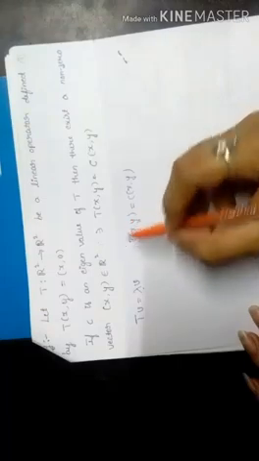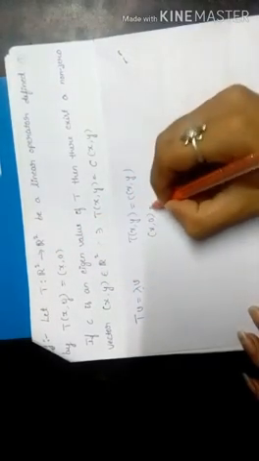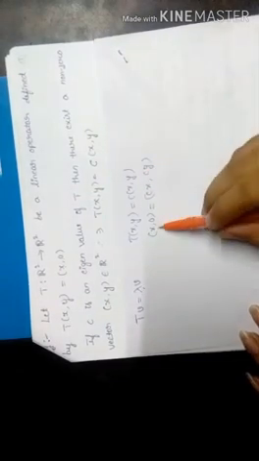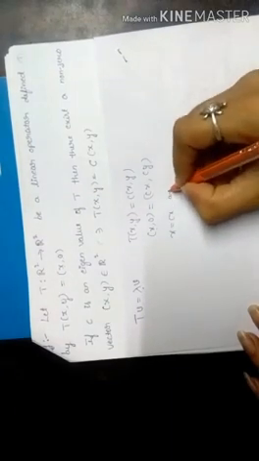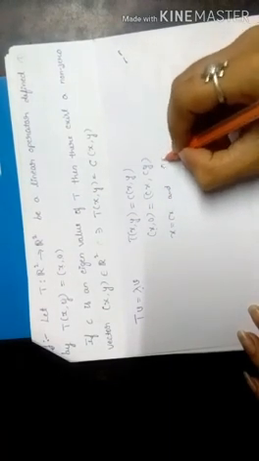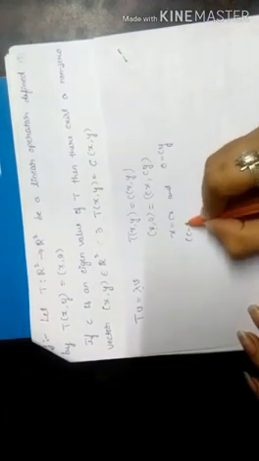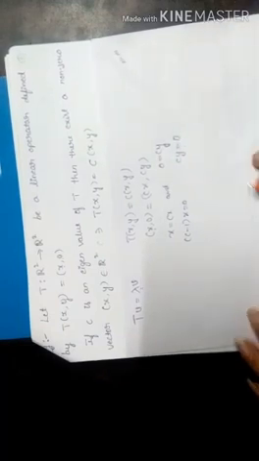Now this is defined as x comma 0. Therefore x comma 0 is equal to Cx comma Cy. Now equating the corresponding coordinates, that is x is equal to Cx and 0 is equal to Cy. Now take x as common: C minus 1 times x is equal to 0, or Cy is equal to 0.